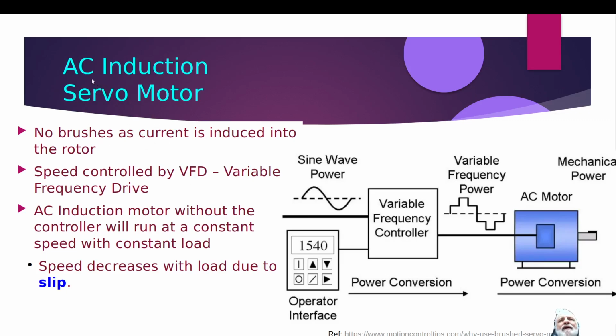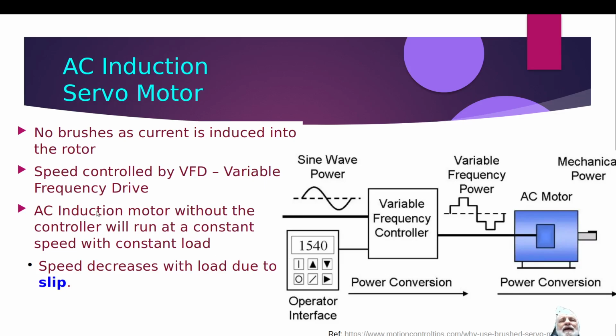Then we have AC induction motors, and then this is called a servo motor. Again, it has to have a controller. The controller is what we call a variable frequency drive. You can change the speed of the motor by changing the frequency, which is why they call this a variable frequency controller.